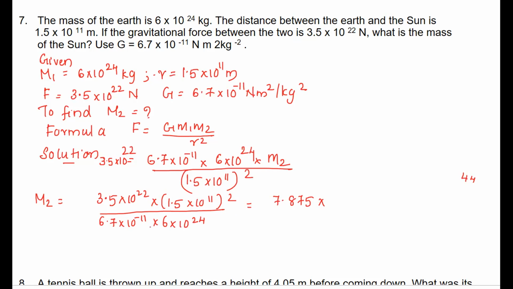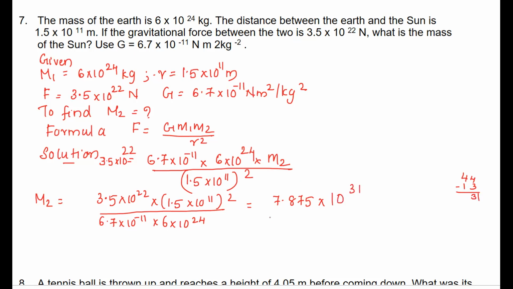Denominator: 10 raised to 24 and minus 11 is there, that is equal to 13. So 44 minus 13 is 31. 10 raised to plus 31.